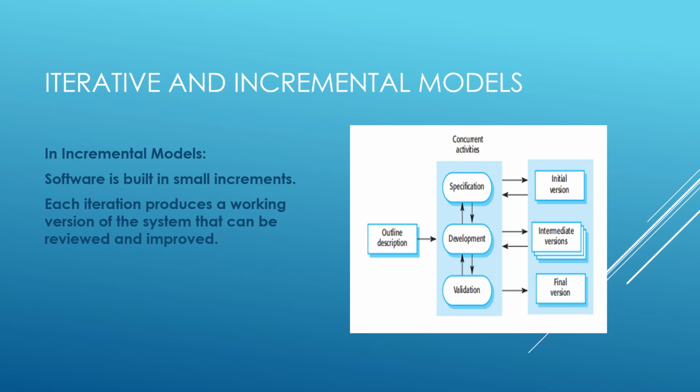The next model is the iterative and incremental model. Here software is built in small increments. Each iteration produces a working version of the system that can be reviewed and improved. The advantages of the incremental model are that customer feedback is available early, the risk of failure is reduced, and the customer sees continuous progress. Let's take an example of the incremental model.